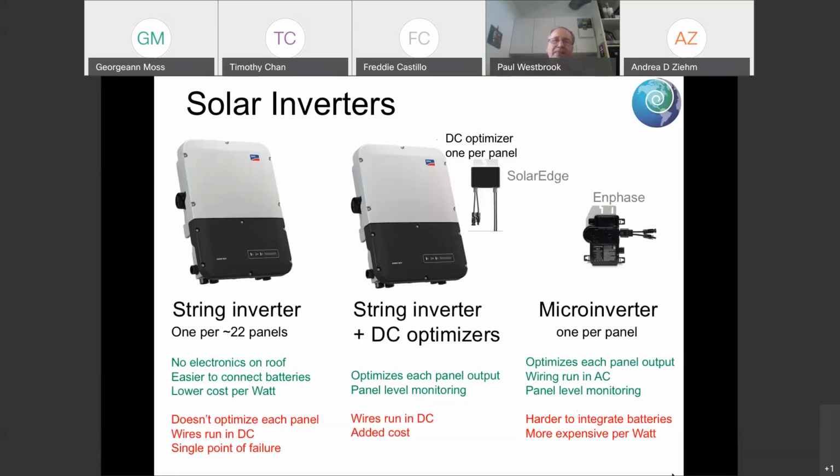Now, why would you want to optimize each panel? Well, if you have a string inverter and you have, say, 20 panels on your roof, and one of them is near a tree and gets shaded in the late afternoon, when you have them all together, they can only operate at the lowest common denominator. So if one of your panels has a manufacturing defect and is a little bit weaker than the others, or it's got shading, it will drag the whole system down.